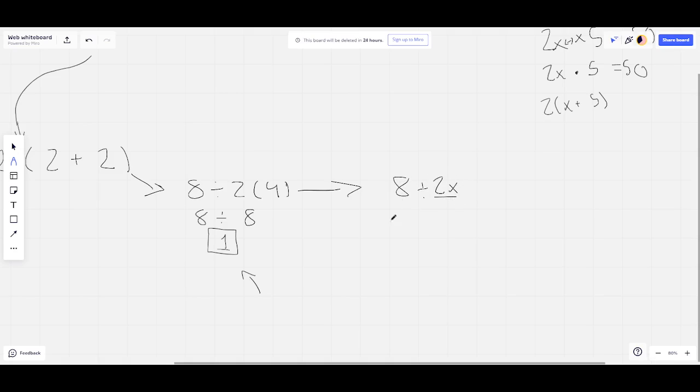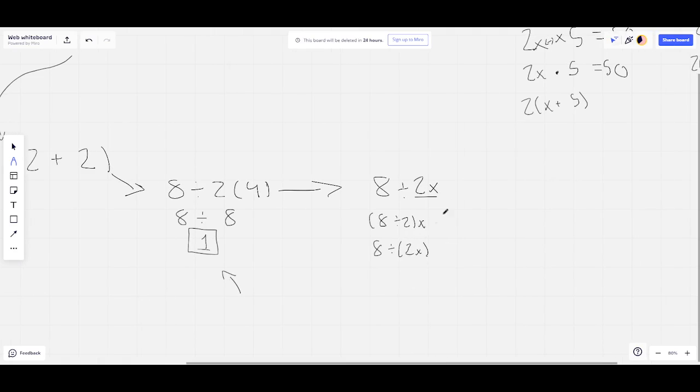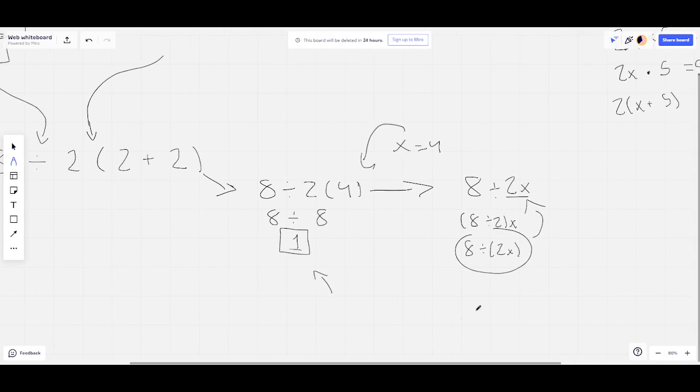So this is not 8 divided by 2 times x like this. It's 8 divided by 2x like this, if we wanted to write it with more clarity. So this right here is how this would be treated. And if we say x equals 4 and plug it in there, and we treat it like this right here, we get 1 as an answer.